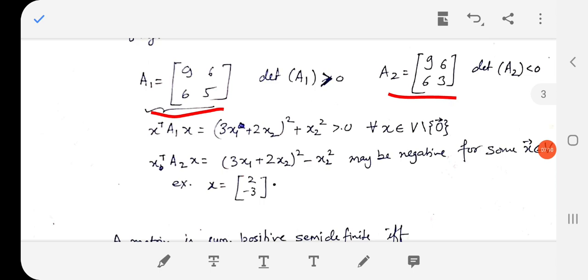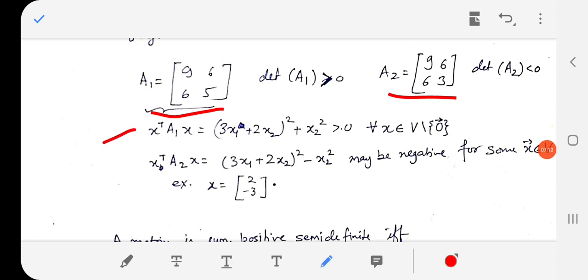In the first matrix, we can transform it like this, so x transpose A1 x can be written as this, and since both the terms are square terms, it has to be positive for all x not equal to 0, and hence it is positive definite.